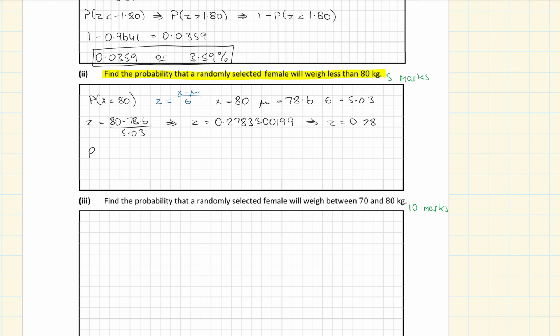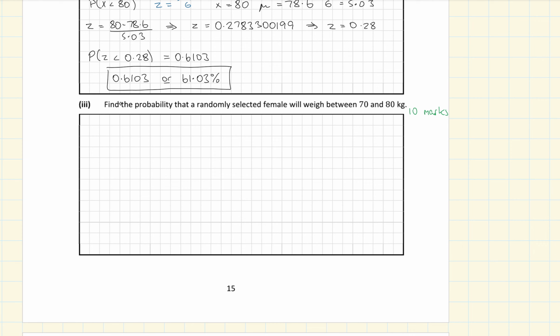So we want the probability that Z is less than 0.28. Straight to our log tables here. We get 0.6103. So our answer then is 0.6103 or 61.03%. Okay, part 2 answered for 5 marks.